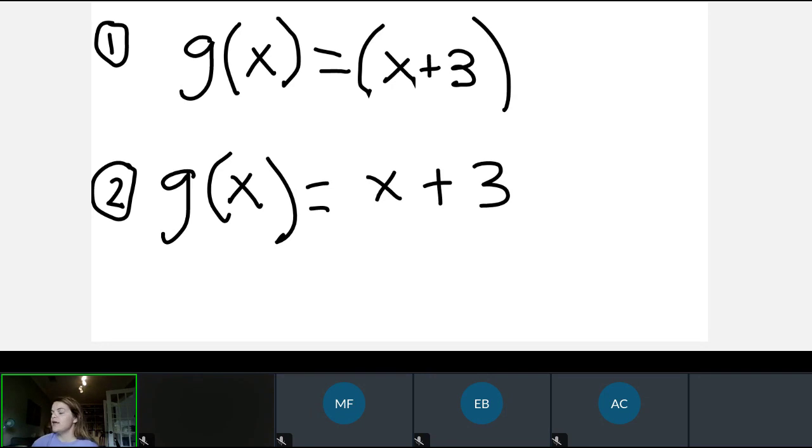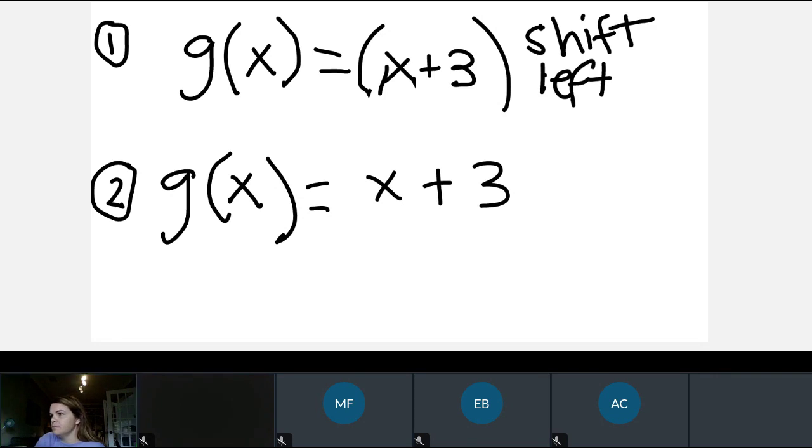This top one, if you are adding something inside parentheses with x, this is actually going to be a shift left 3. I know that's a little bit hard to believe, and I'm going to show you, and you can do it on your graph. Whoa, left 3. This one at the bottom, it's x and then plus 3 at the end, not in parentheses. This is a shift up 3.